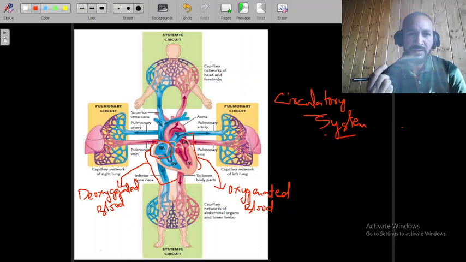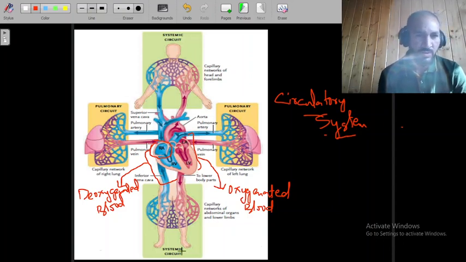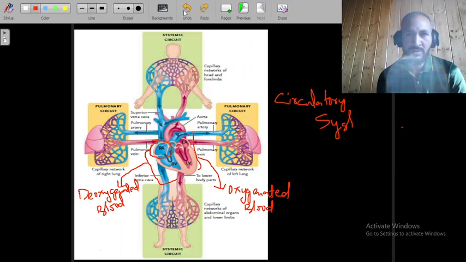Now, this blood gets deficient in oxygen. It has very little oxygen when oxygen is taken up by the cells. So it comes back to the heart. We have two types of blood vessels: one which bring blood to the heart, and the other which take blood away from the heart.